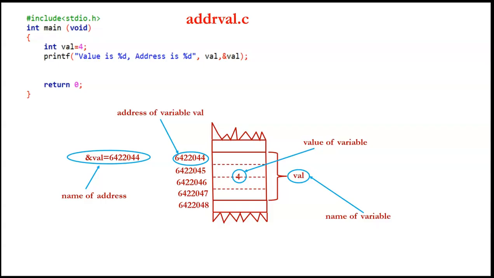The name of the address is &VAL, which is equivalent to 6422044. Since it is an integer type variable, it occupies 4 bytes in computer's memory.